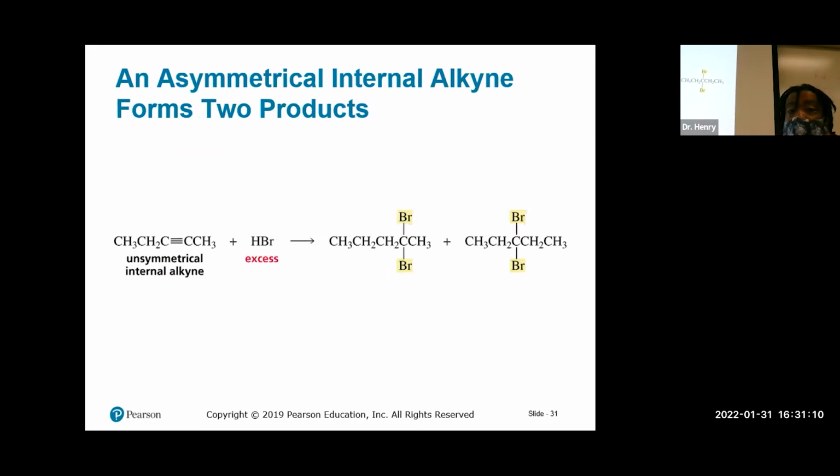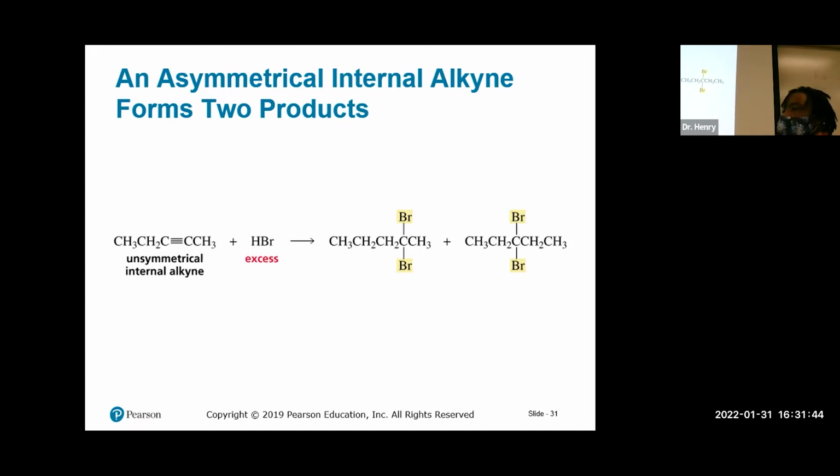We talked about the excess. Here we have a triple bond on the third carbon, so we have the possibility of having our geminal halide, in this case the geminal bromide, on either the second or the third carbon, as long as it's not the terminal.